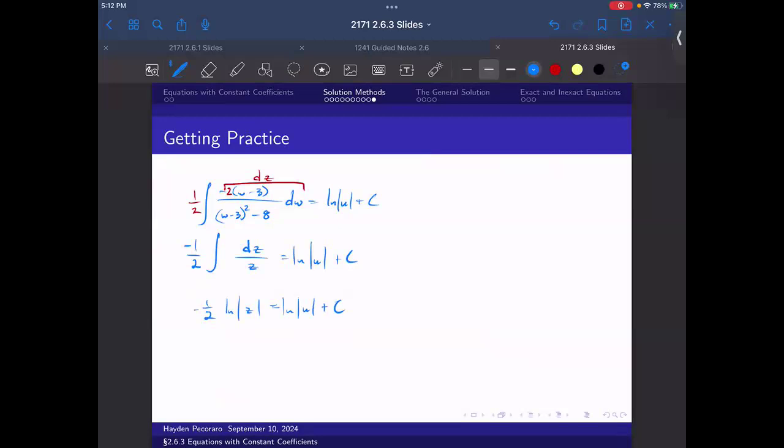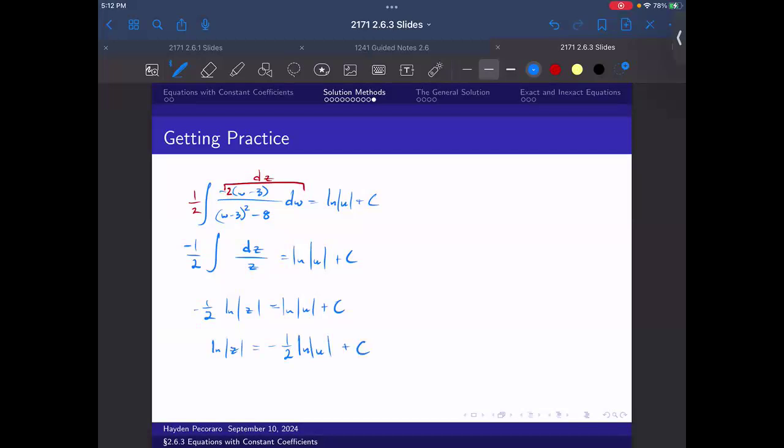So I think that we can go ahead and actually solve this one for y in terms of x. We only have a couple minutes left, so we might as well do that instead of getting some huge theorem that's going to take a bunch of time. Let's do that. So we have log absolute value of z equals minus 1/2 log u plus c.